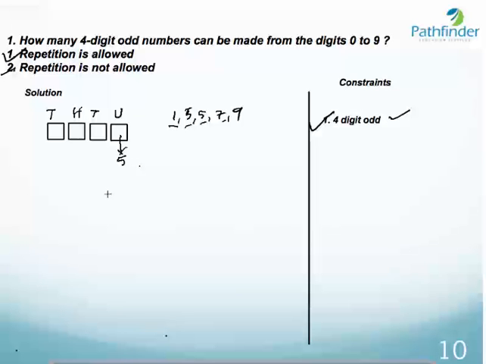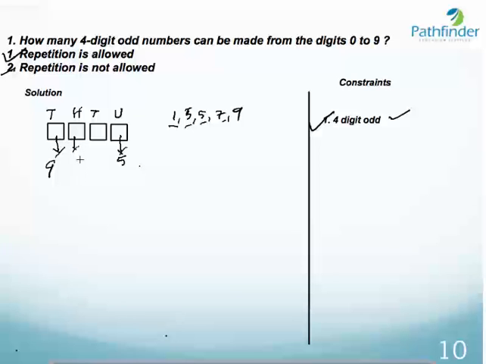Now because repetition of digits is allowed, all the digits are always available to us. So how many digits can fill up the thousandth place? The thousandth place can be filled by any digit which is not 0. So there are 9 numbers which can fill the thousandth place.